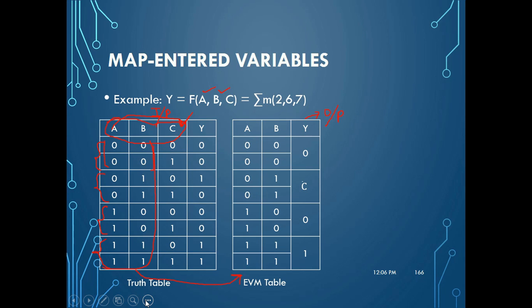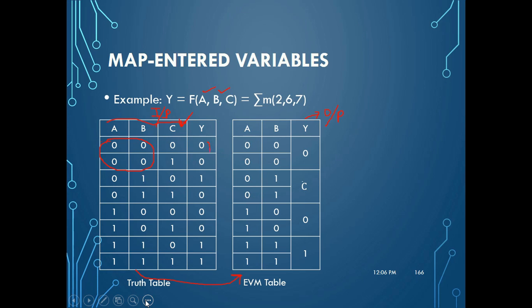Okay, so what is this? You have here 0 0. The first combination, if you are going to see, A is 0, B is 0 every time. So that means Y output is 0.